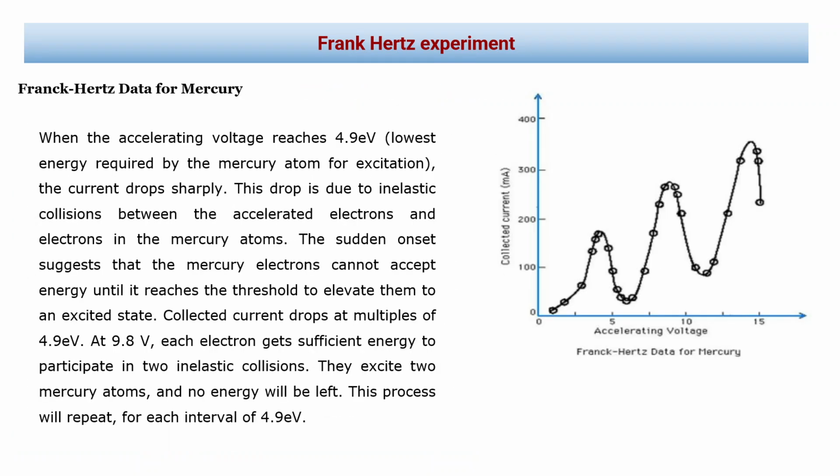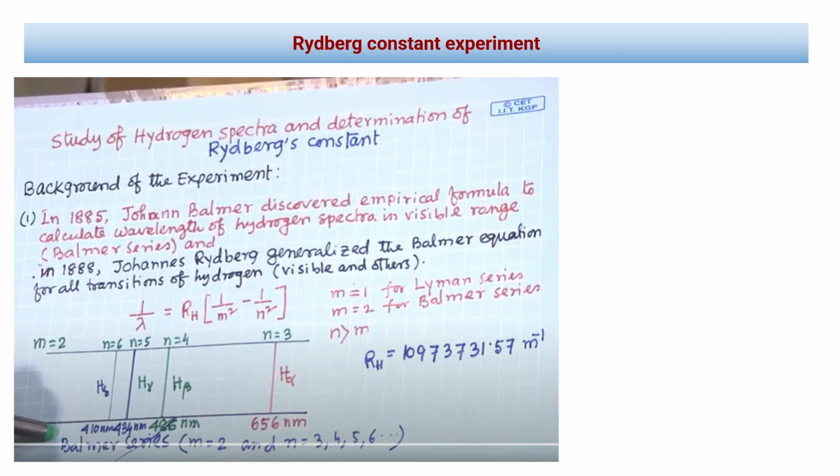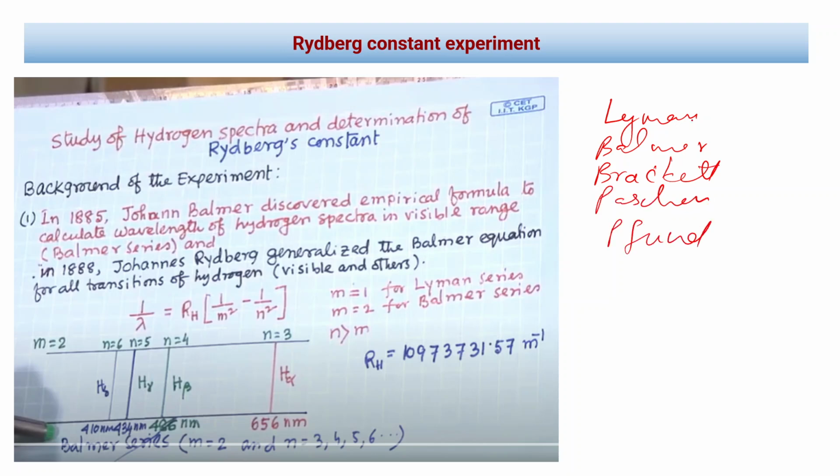After this Frank-Hertz experiment, we had discussed the Rydberg constant experiment for hydrogen spectra, how we have Lyman, Balmer, Brackett, Paschen, and these are the line series.